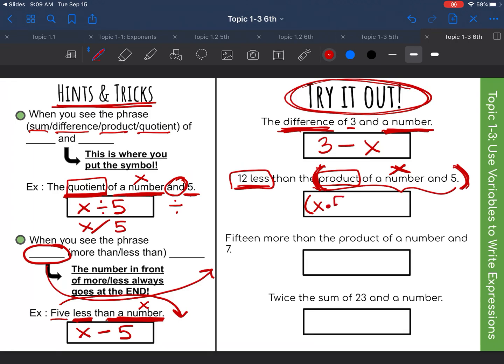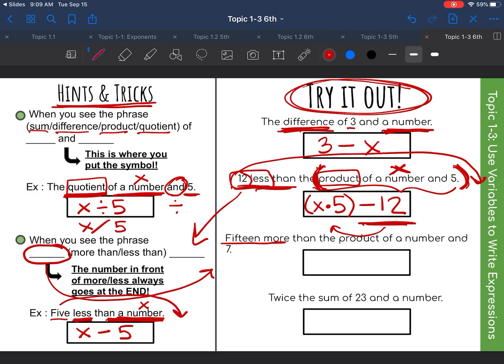So X, we'll do the dot, times 5. You can also do 5X if you want. And then since we're doing 12 less than, this 12, remember, look at this rule right here. It goes in the back. So minus 12. Okay, because we're doing 12 less than that.